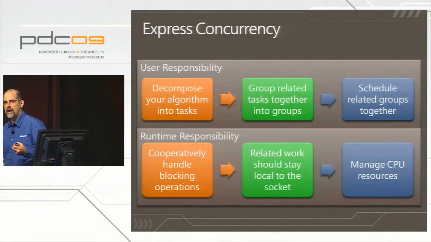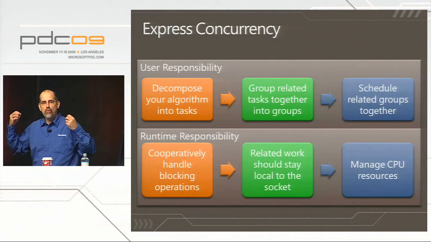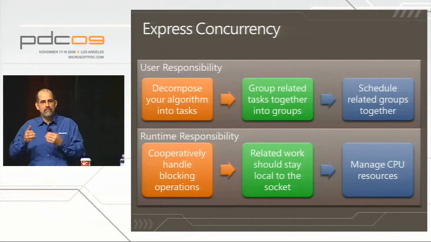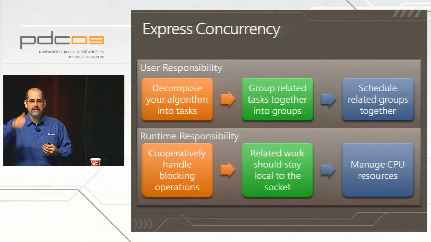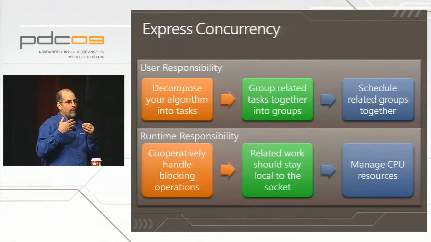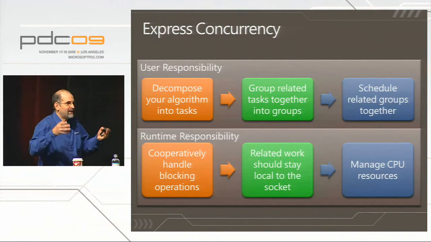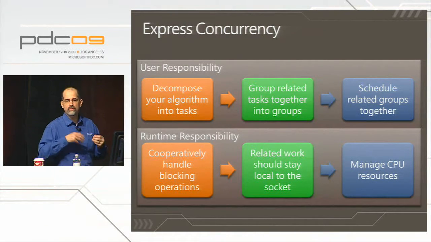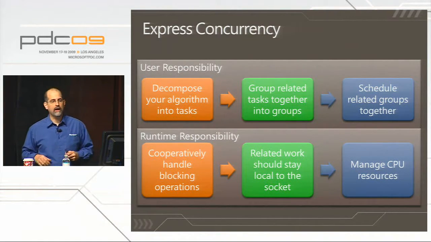What the runtime needs to do is to cooperatively handle blocking events and dependencies that you've already explicitly stated in your code. It needs to make sure that when you said these things work together, they stay together on that NUMA node or that socket.